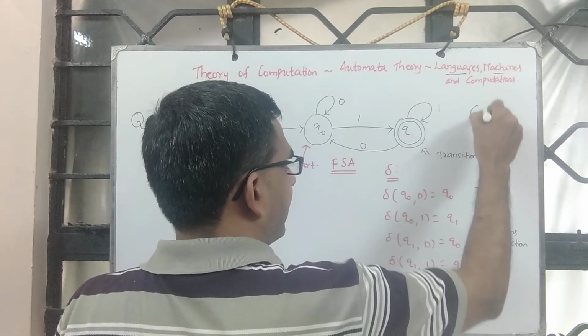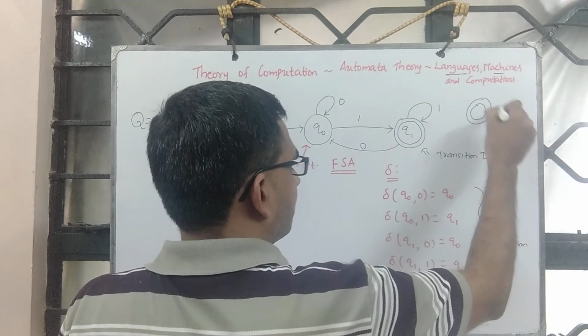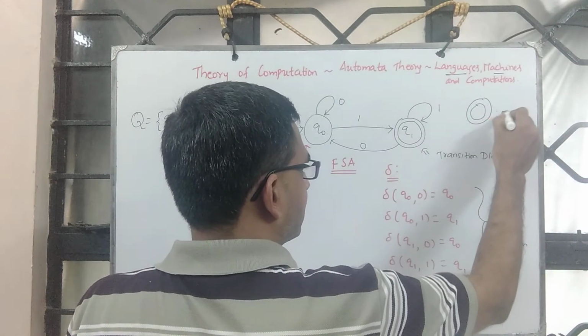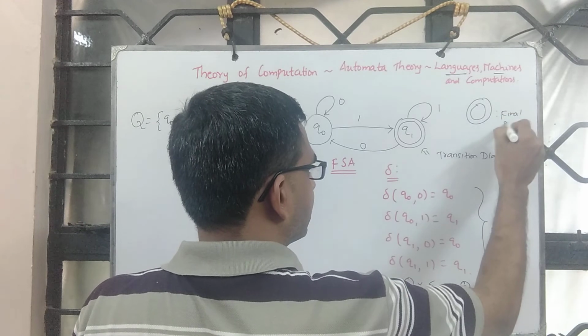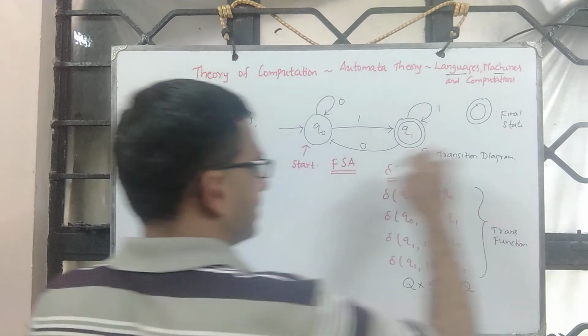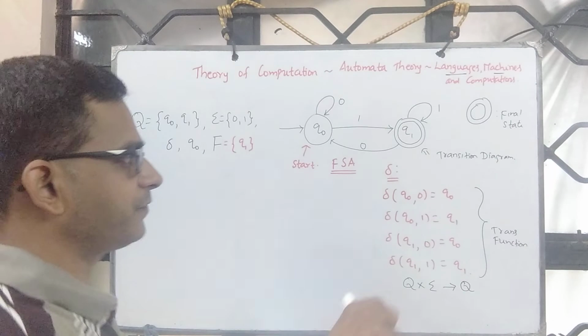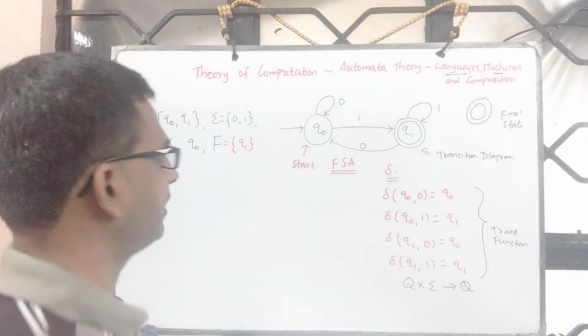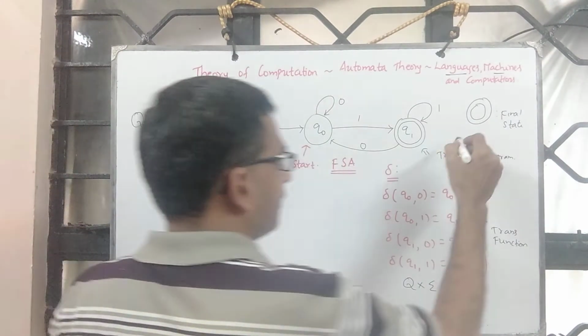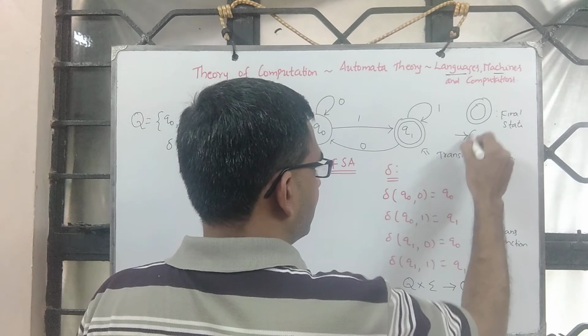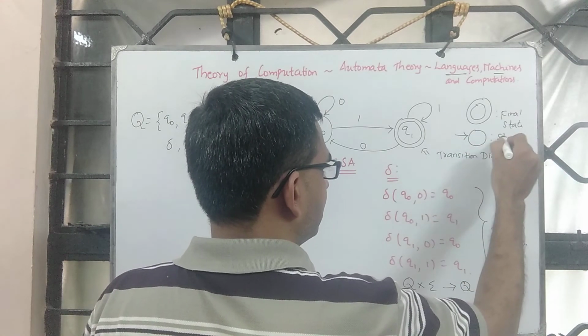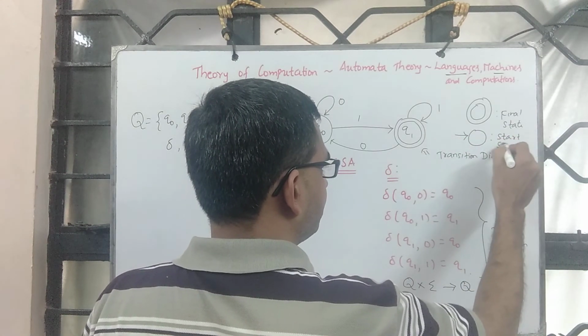So when we say double circle, this represents a final state. In case there are multiple final states, each of them you will have to double circle, and a state with an arrow like this represents the start state.